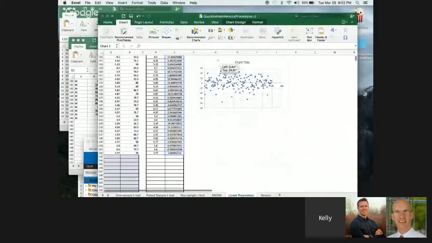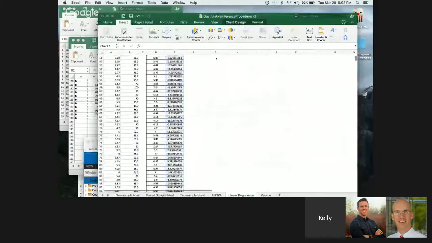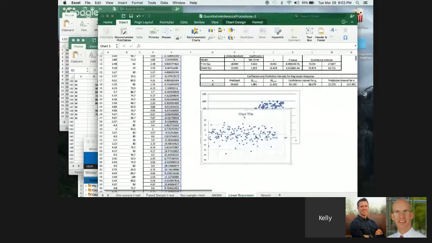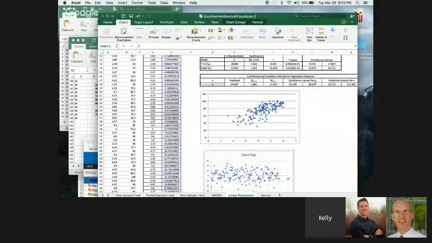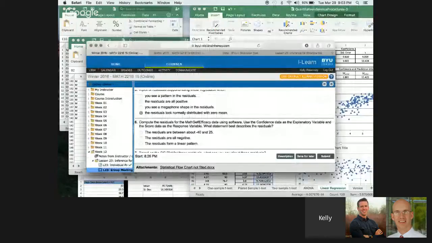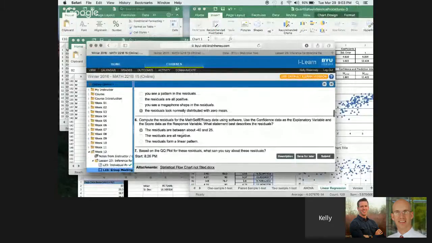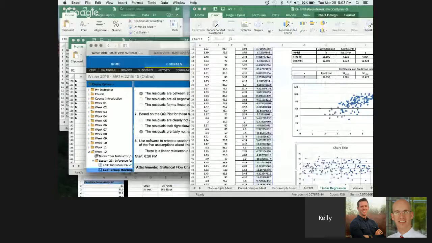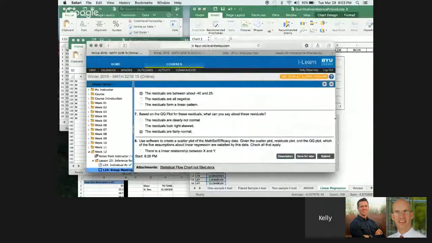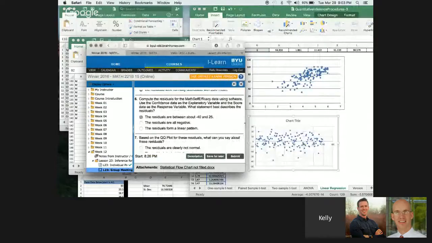Yeah, I think so. Because for number 7, we have to say if it's not normal, right skewed, or fairly normal. And looking at it, not normal. Looking at it, it looks kind of right skewed because most of the data is on the right, correct?